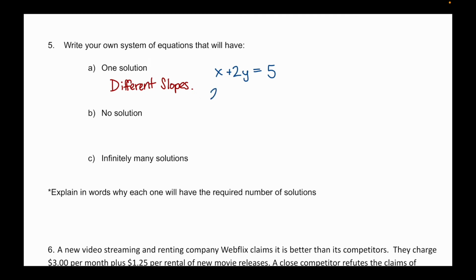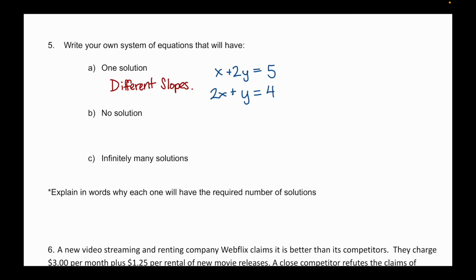So we can say 2x plus 1y and make it equal to anything we want. It doesn't have to be a nice, neat equation in order to have different slopes. Now you'll notice I'm writing these both in standard form. Maybe I'll just put like 4 here.